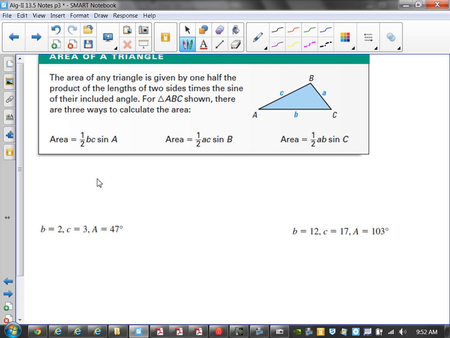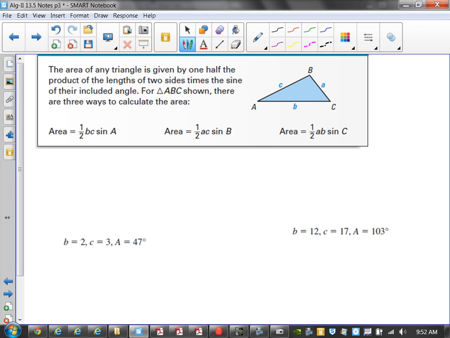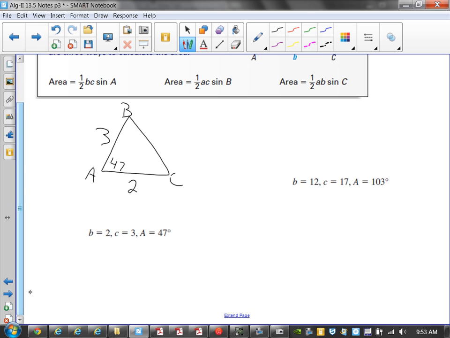Basically, it's so easy. Whenever you have a triangle, you're going to be given an angle and the 2 sides that make up the angle. The area of a triangle is always going to be 1/2 the 2 sides that make up the angle times the sine of the included angle.